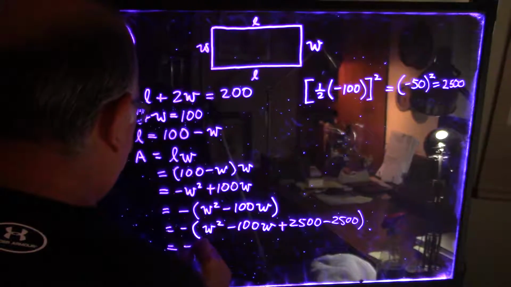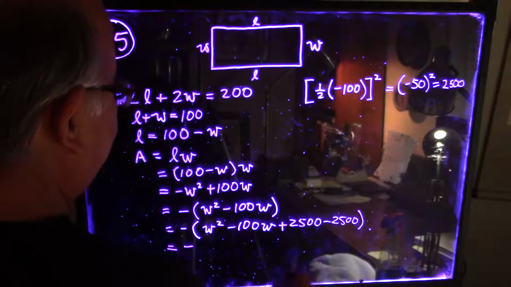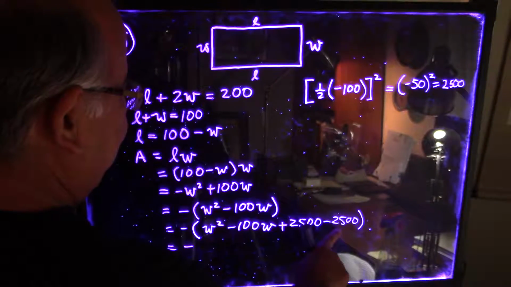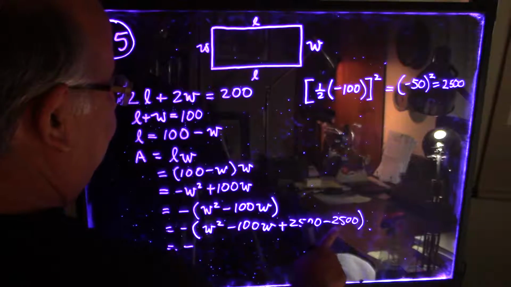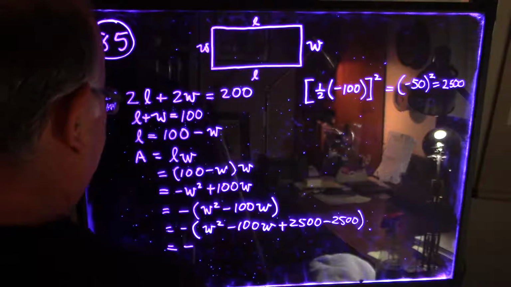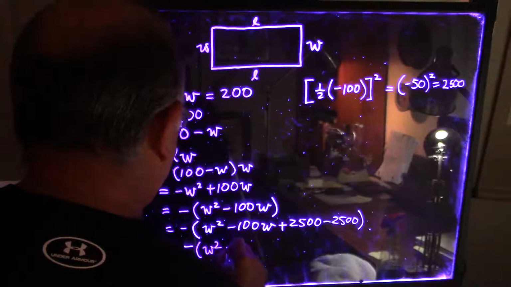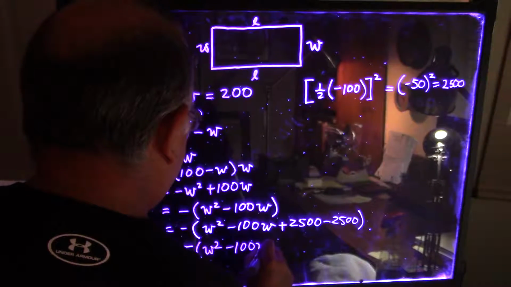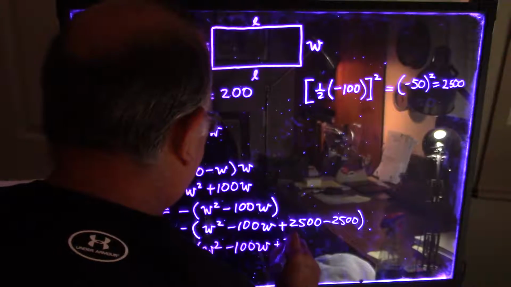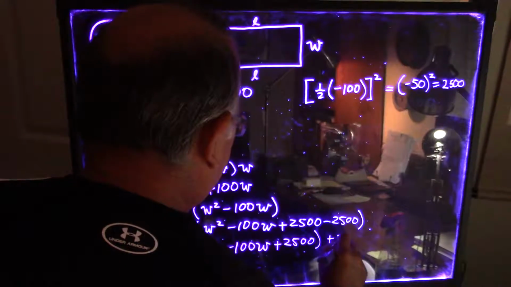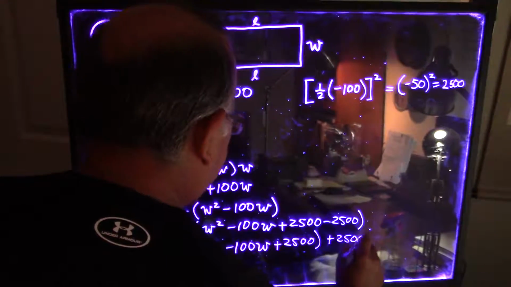Alright, so now you're going to remove this term. First you multiply it by -1 before you bring it outside of the parentheses. So that's going to become plus 2500. So you've got w squared minus 100w plus 2500 and then plus 2500.